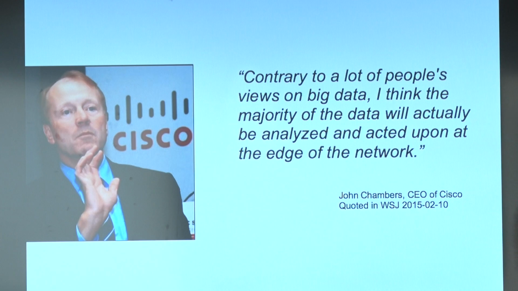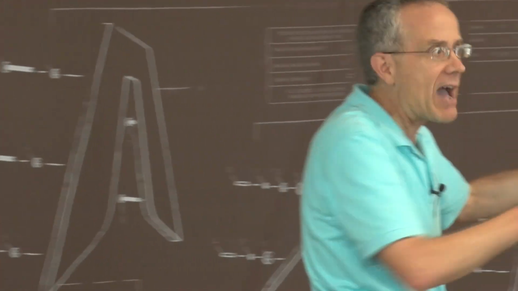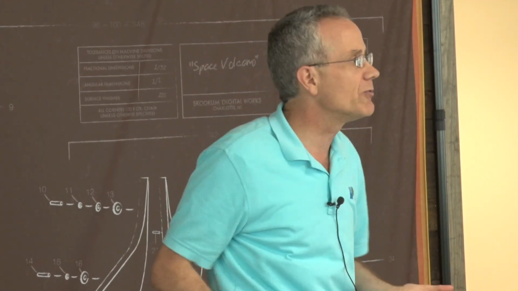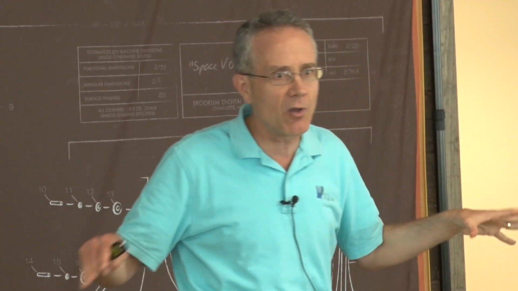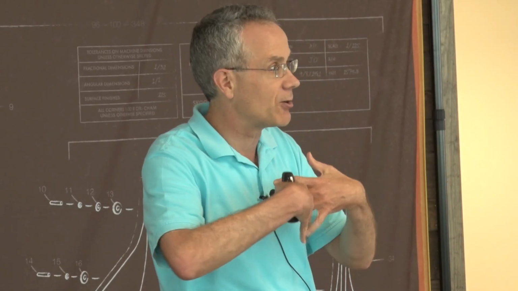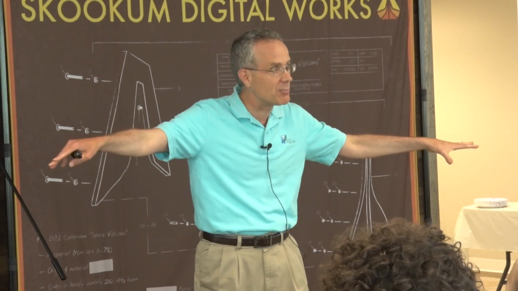He's talking about the data being analyzed and stored out in the phone, out in the little device, out in the thermostat, out in the radio of your car, the things out on the edge. That's where all the data is really going to be analyzed. Right now the trend is to pull all the data into the data center and analyze it there, but he's saying no, the trend is it's going to be analyzed on the edge.